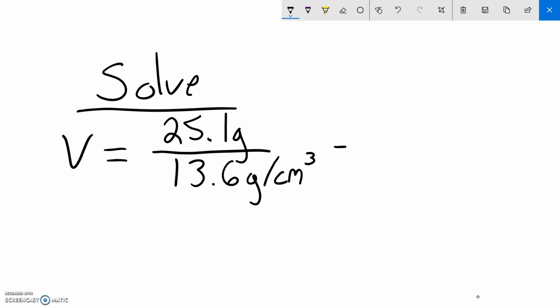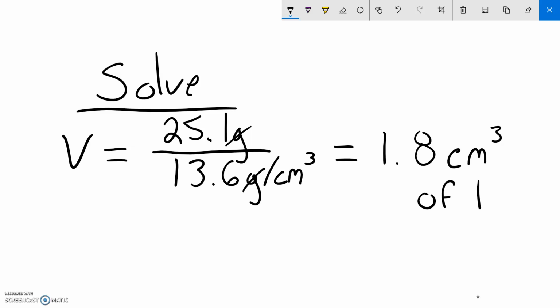And so then we get that the volume for mercury in this particular case is going to be 1.8. Now, if you're following along with me here with the units, the grams are going to cancel, and I'm going to be left with just centimeters cubed. So my volume of mercury in this case is 1.8 centimeters cubed of mercury, which its element symbol is Hg.